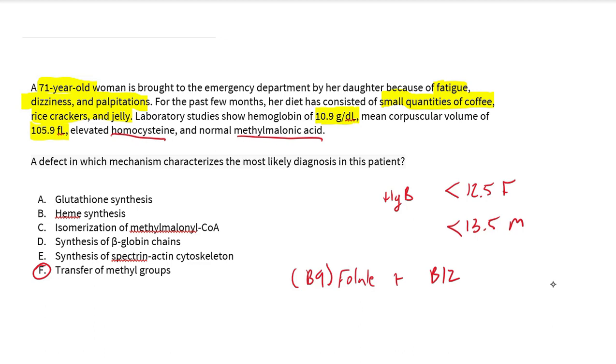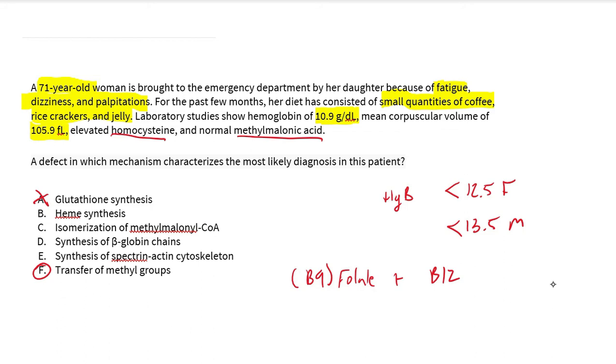Now that we know what the correct answer is, let's go through the rest of the answer choices and figure out why they are incorrect. A, glutathione synthesis. Glutathione is very important in ensuring that there is no oxidative damage done to our tissues, but this would not explain a macrocytic anemia. So we can cross out A. B, heme synthesis.